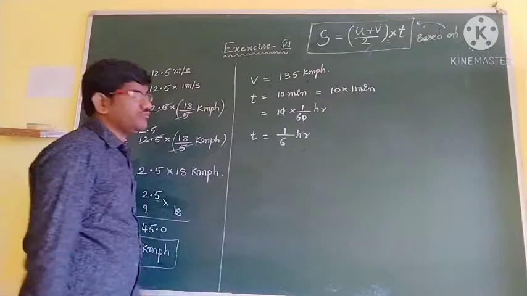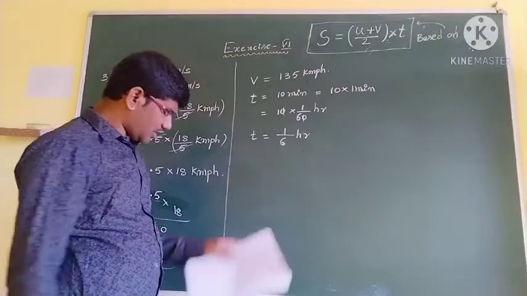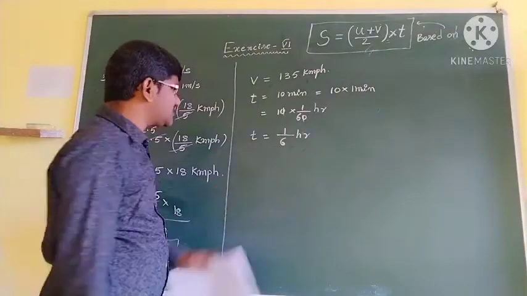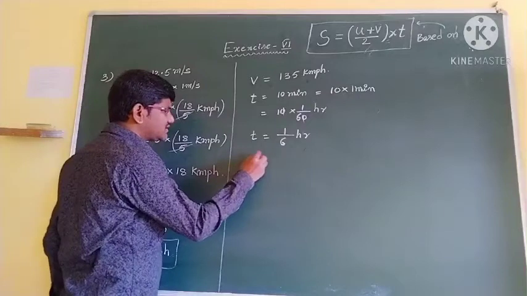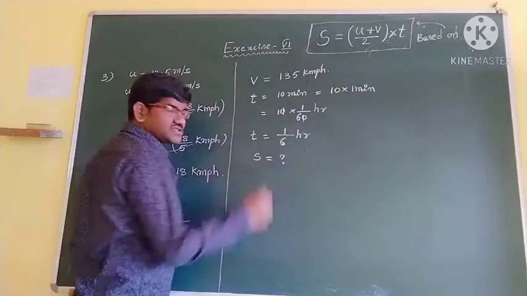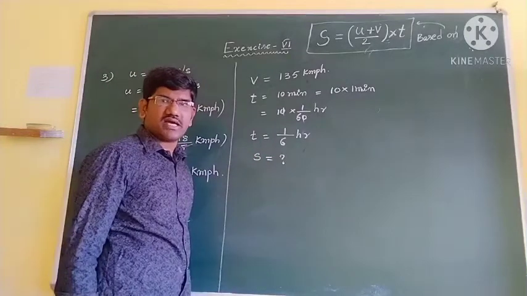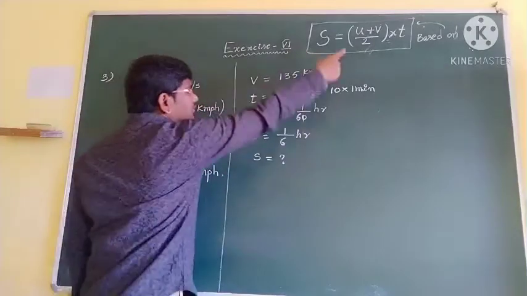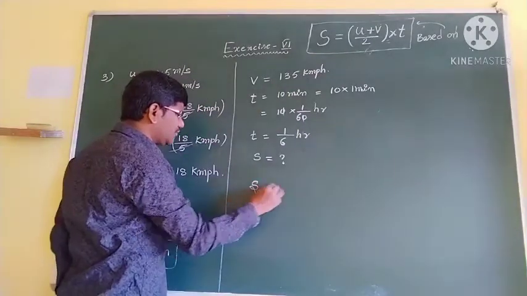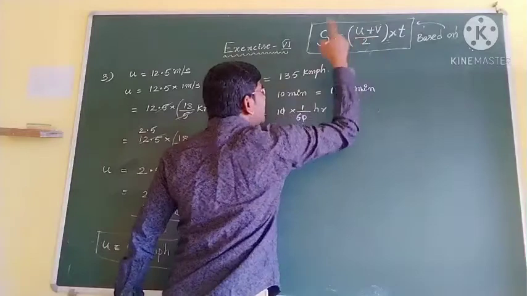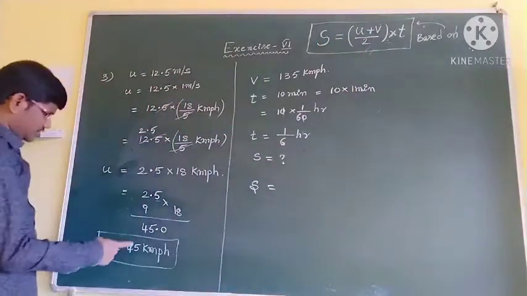So now we find the question mark, which is the distance between them. This is the distance they are asking. Okay students, then we have the formula S is equal to (U plus V) by 2 into T. U value how much students? 45.